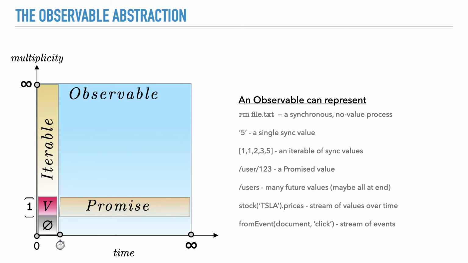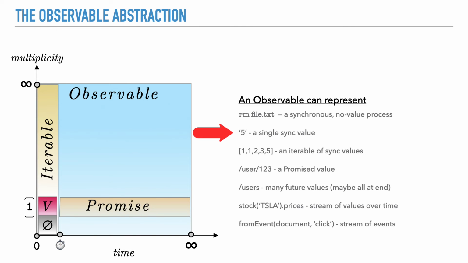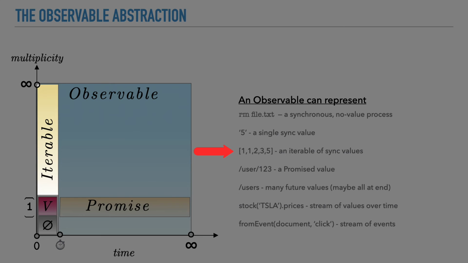Observables can contain any number of values over any amount of time. An observable can represent a synchronous process, like a file removal, that produces no values. An observable can represent the synchronous value 5, or the synchronous non-value empty, or even the first 5 Fibonacci numbers.